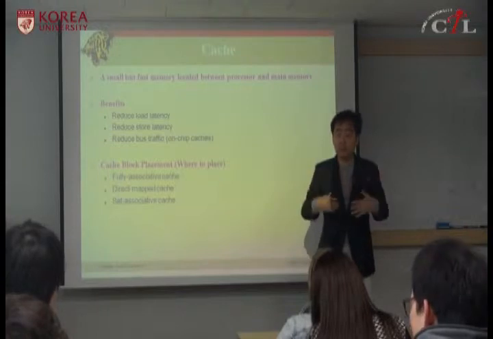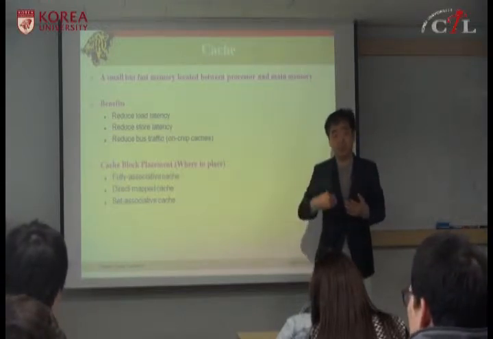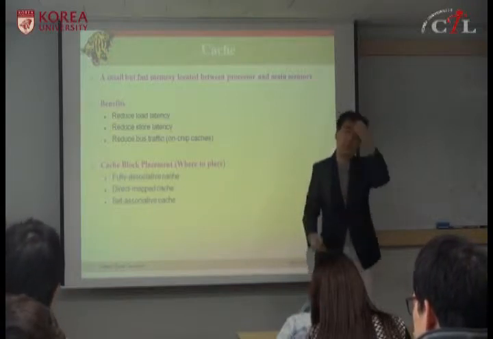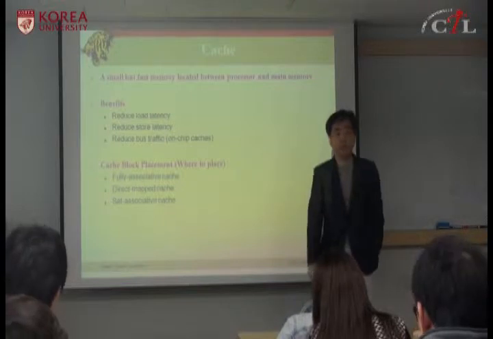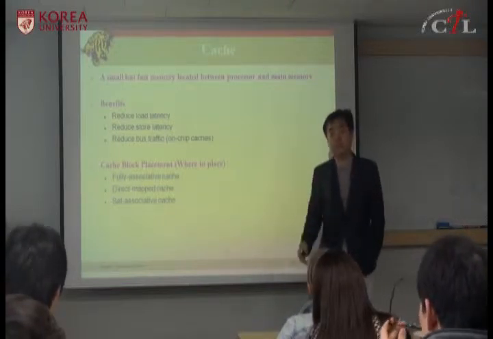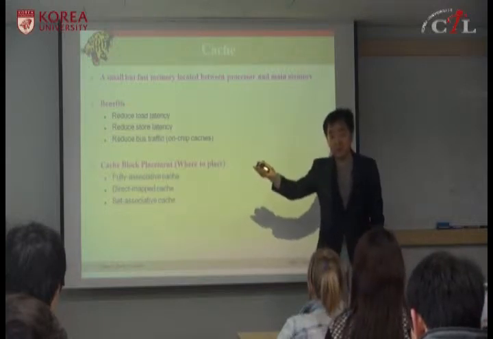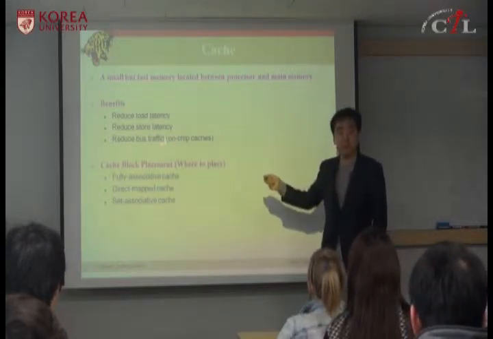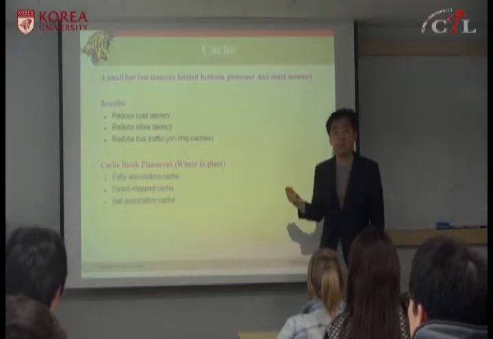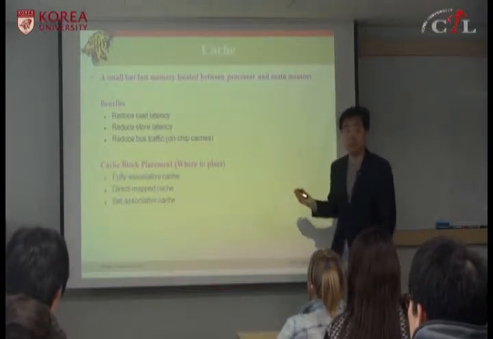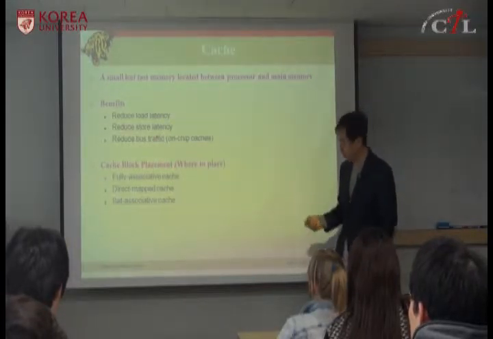Buses are usually very slow, which means you are saturated by this pin I/O. But since the cache hit rate is usually more than 99%, less than 1% will go off chip. You can reduce lots of bus traffic, which can substantially improve your performance. Without cache, it's too I/O bound. That's the benefit.